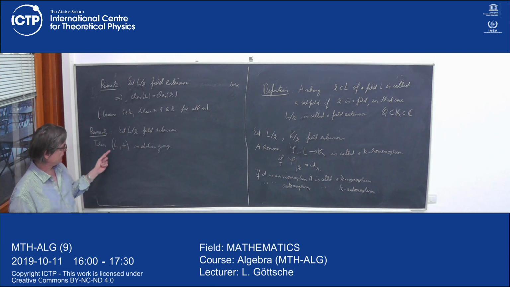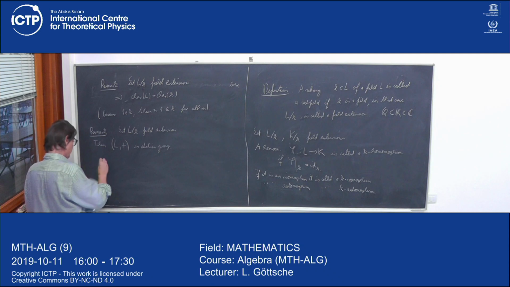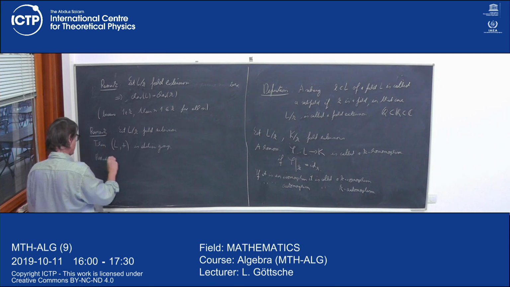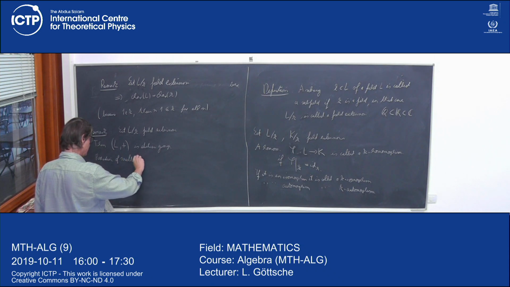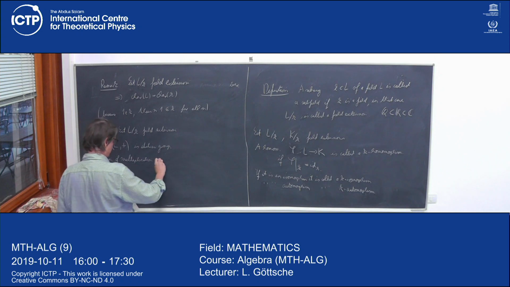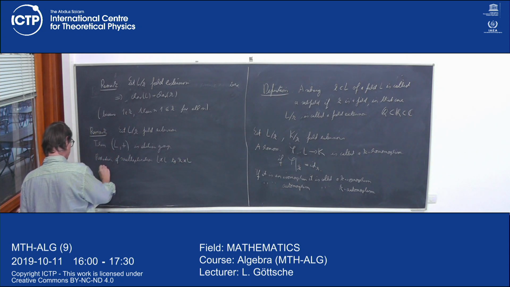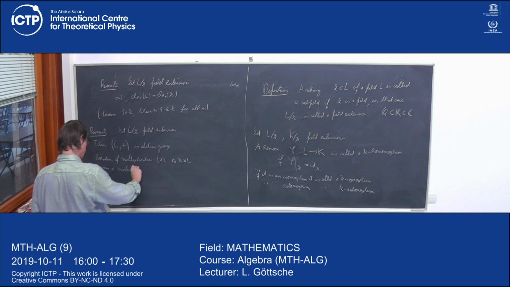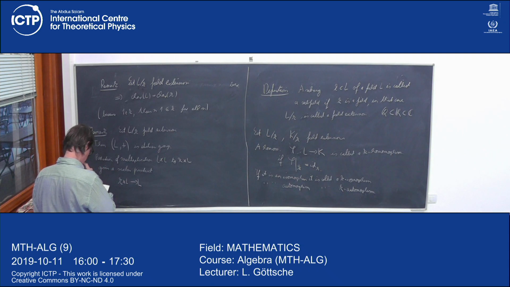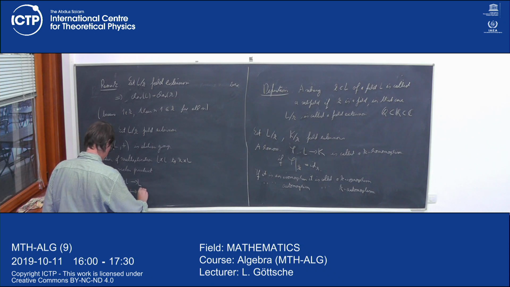We can restrict the multiplication in L to just K times L, so that we only allow ourselves to multiply with elements in K. So the restriction of multiplication from L times L to K times L gives a scalar product from K times L to L, which just sends an element a in K and an element x in L to ax.